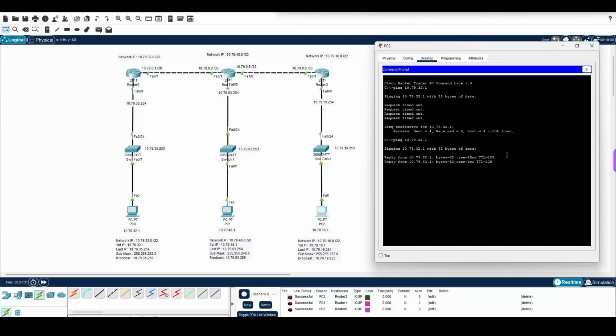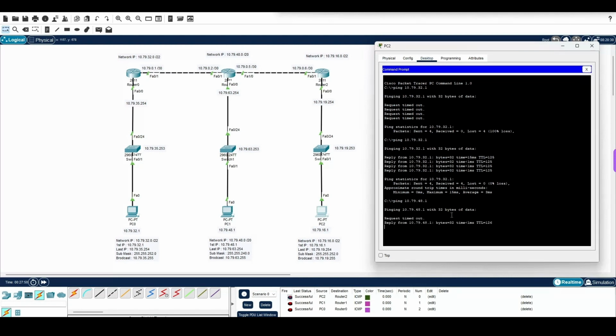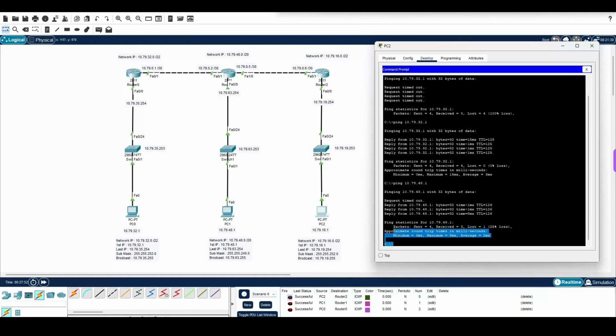Let's do it again. Yep, here it is. Successfully pinging this PC. So let's try to ping this PC and see. Yep, here it is. So I think that's it for this exam.